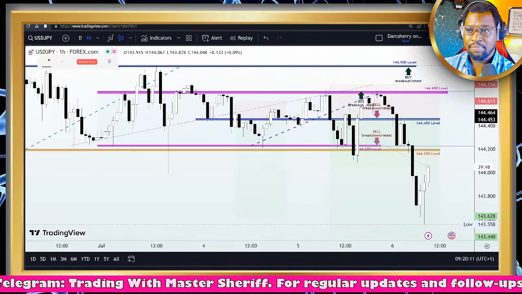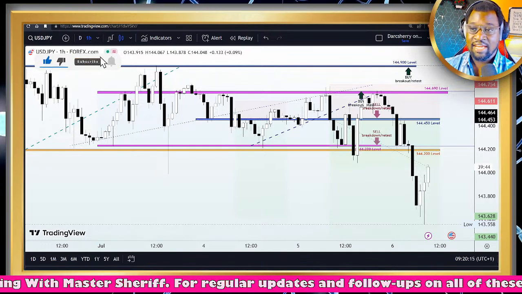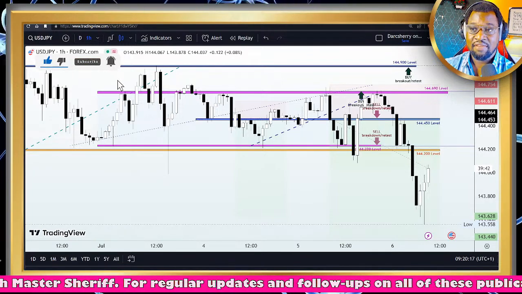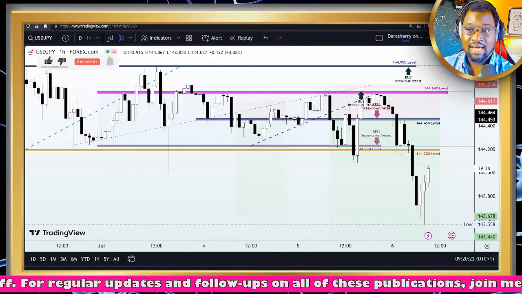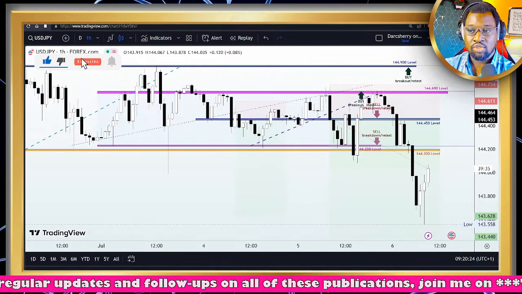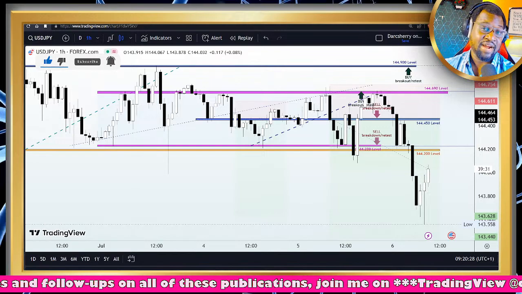So with that being said, we shall be diving right into the business for today. As usual, you know how we do it. The first thing we want to be doing is to check on the economic calendar. As you all know, these fundamental factors often manifest on the chart in technical patterns and price movements.